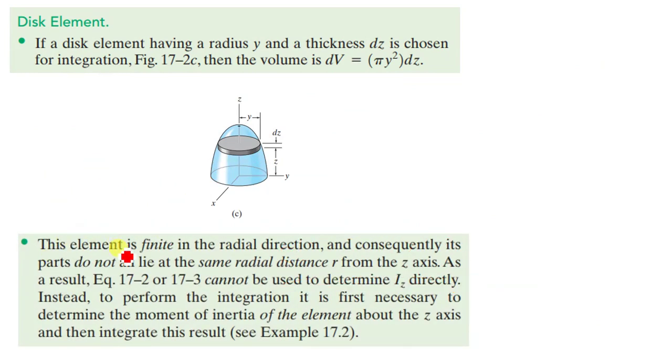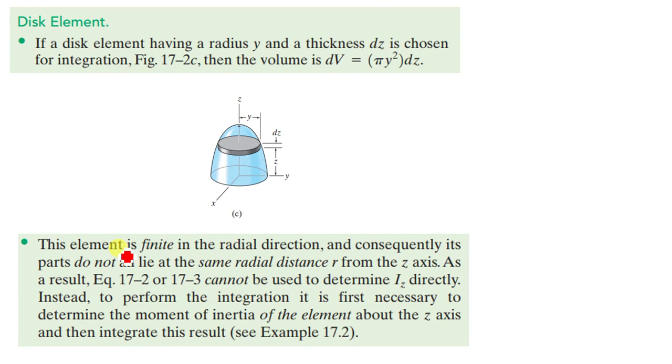This element is finite in the radial direction, and consequently its parts do not all lie at the same radial distance from the z-axis. As a result, equation 17.2 or equation 17.3 cannot be used to determine I directly. Instead, to perform the integration, it is first necessary to determine the moment of inertia of the element about the z-axis, then integrate this result.